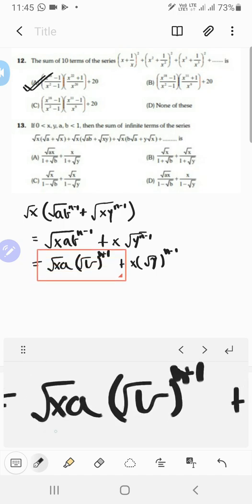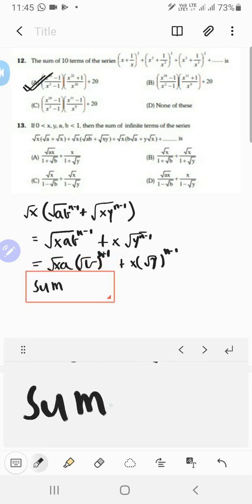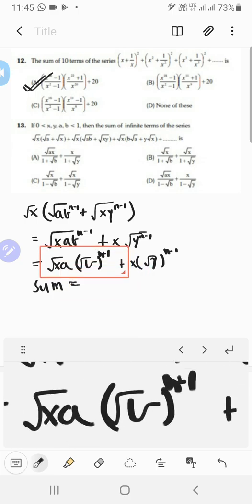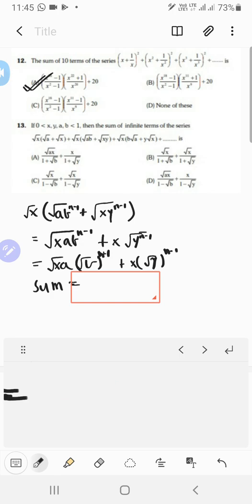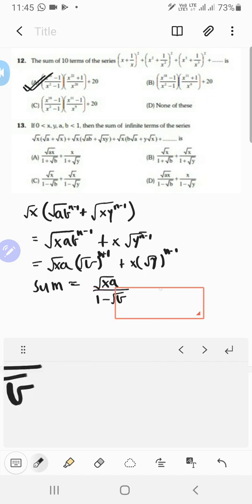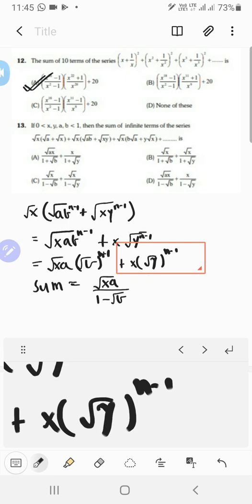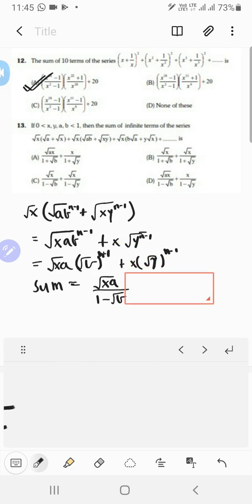For these kind of terms, the sum is: the first term is root xa, divided by 1 minus r, which is 1 minus root of b. And then for these kind of terms, the first term is x itself, and the ratio is root y, so plus x over 1 minus root y.